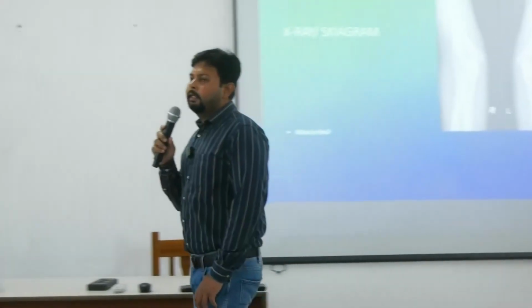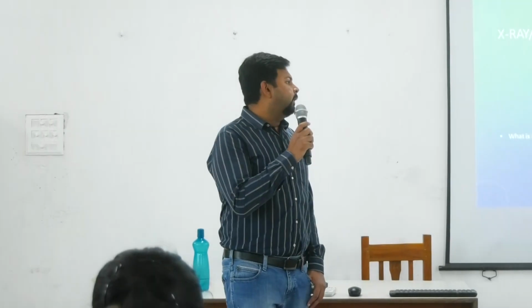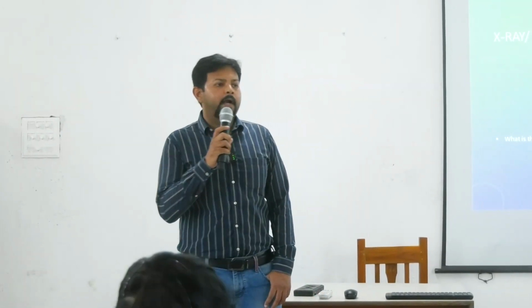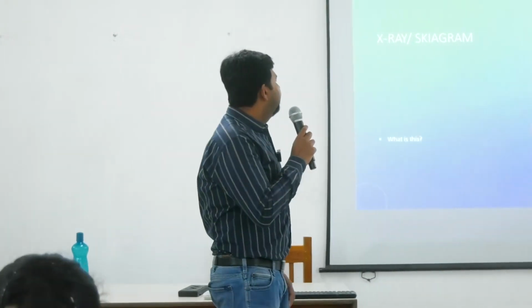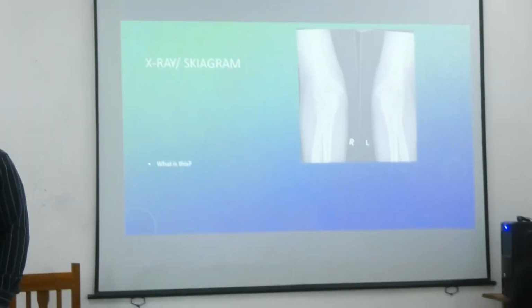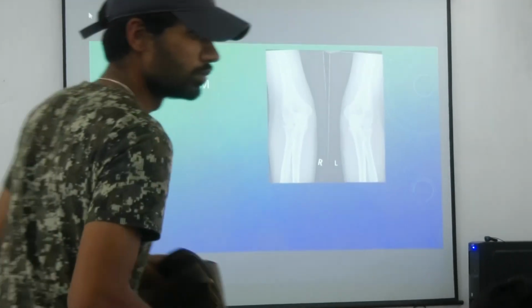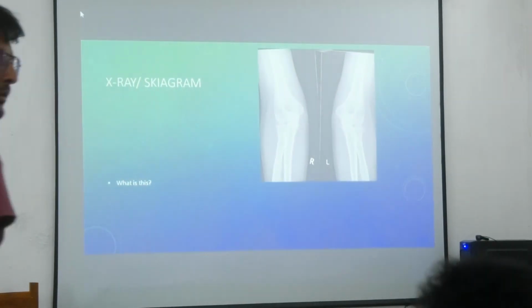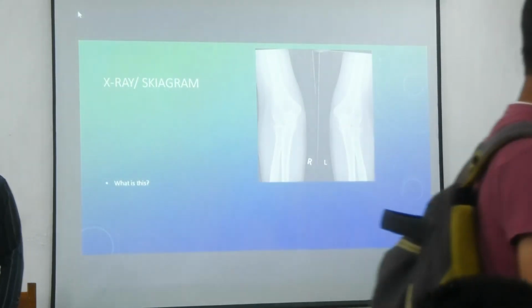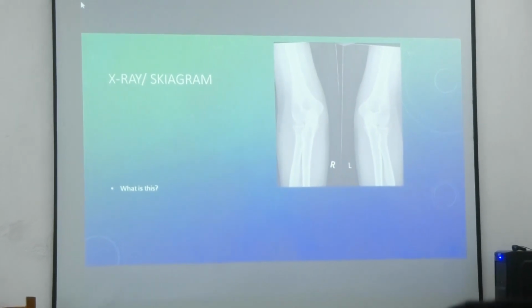So this is from the identification chapter, and the question would be to estimate the age from the sciagram or the X-ray of whatever joint it may be.